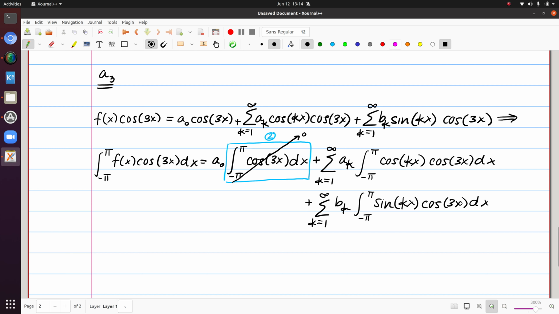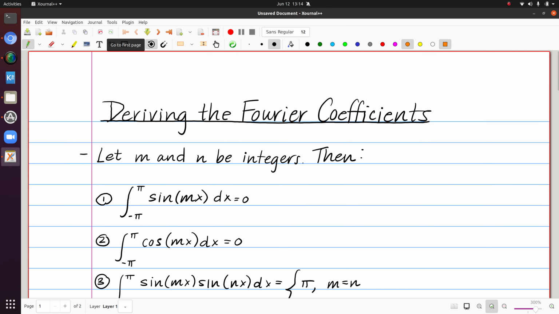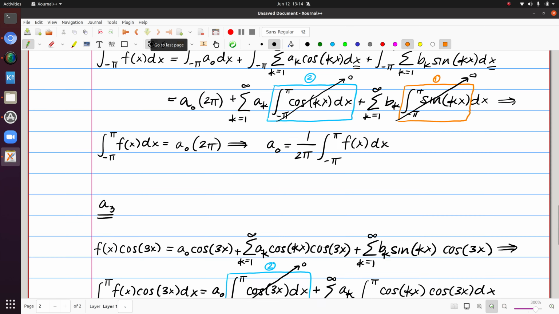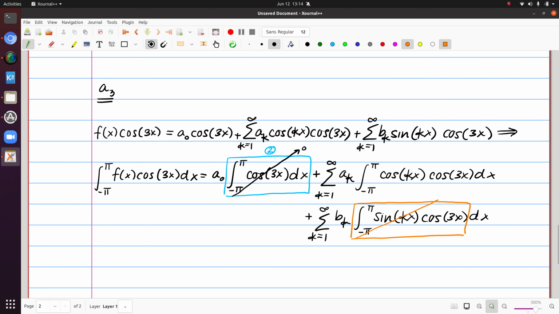Let me jump to the third term here and focus on the fact that this involves integrals of the form sine kx times cosine 3x. If we look back, that is formula 5. We said that no matter what the k value in this case would be, that's always going to be 0. And so we can wipe that out. So that's from formula 5. So every b sub k is now multiplied by 0. And so that's going to wipe out that entire sum.